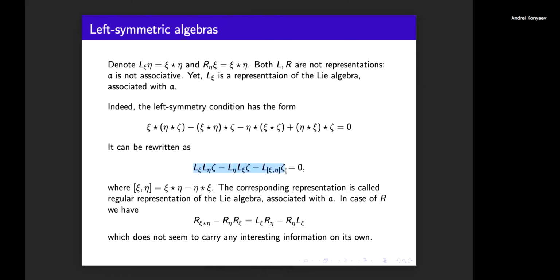We see that the left symmetry, in terms of this left action of the algebra on itself, is actually a representation of a Lie algebra. It means that these matrices which you obtain depend on the point, but if you commute them, you get an element from the same family.